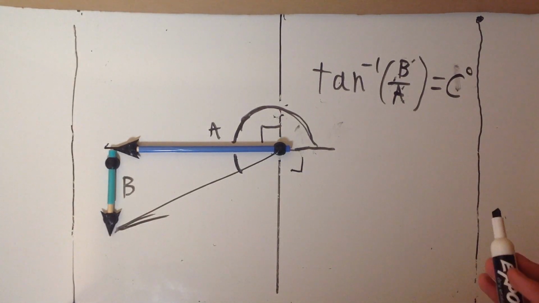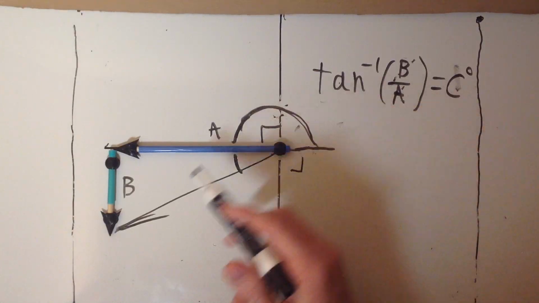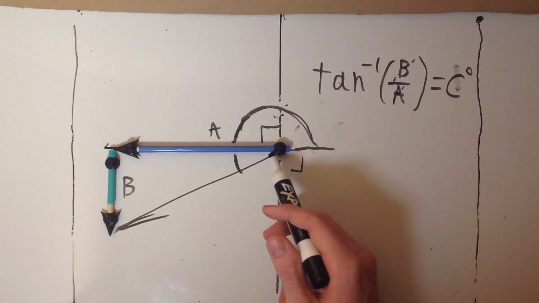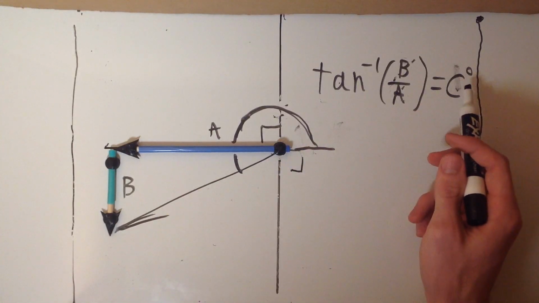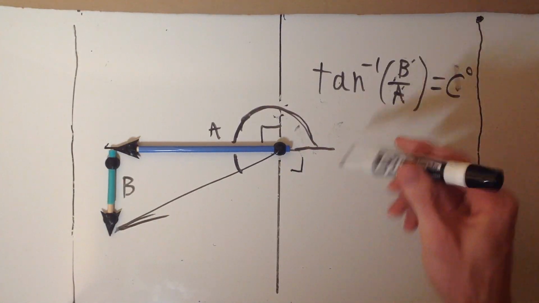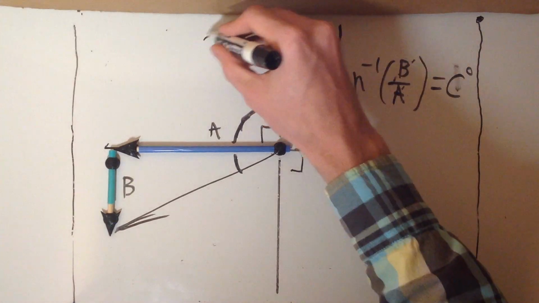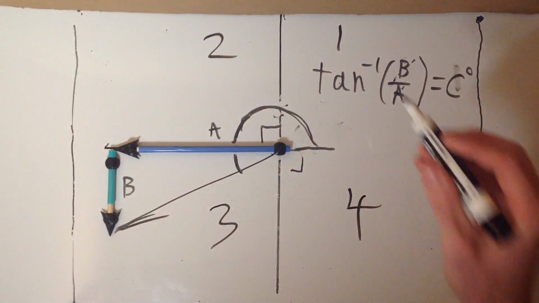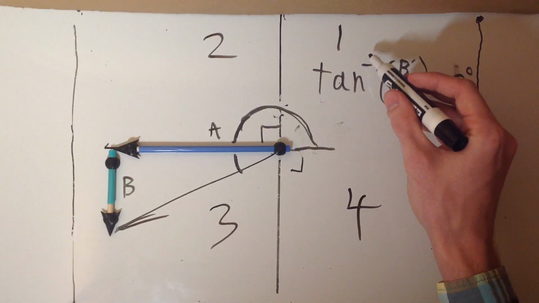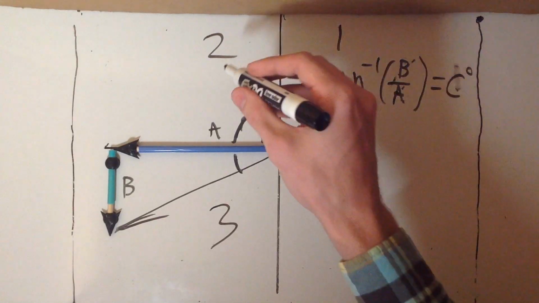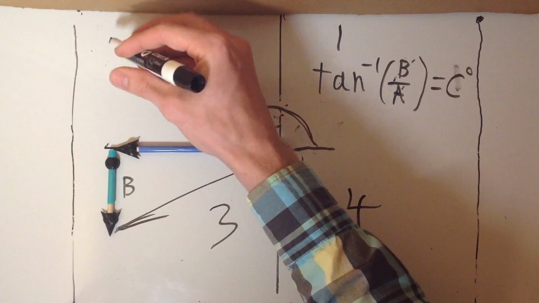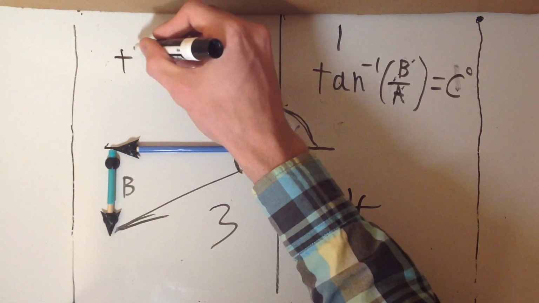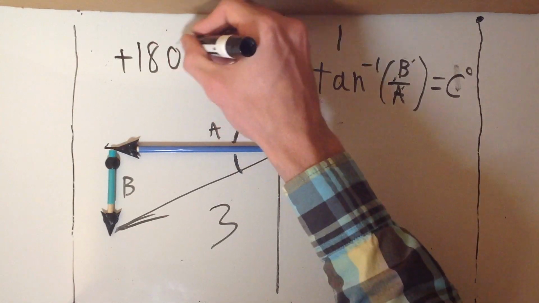Not to be confused with degrees Celsius, this is something different. This will give us some number. But if we look at quadrants 1, 2, 3, and 4: if it's in quadrant 1, we do nothing. If it's in quadrant 2, we take the number and add 180 degrees to it.